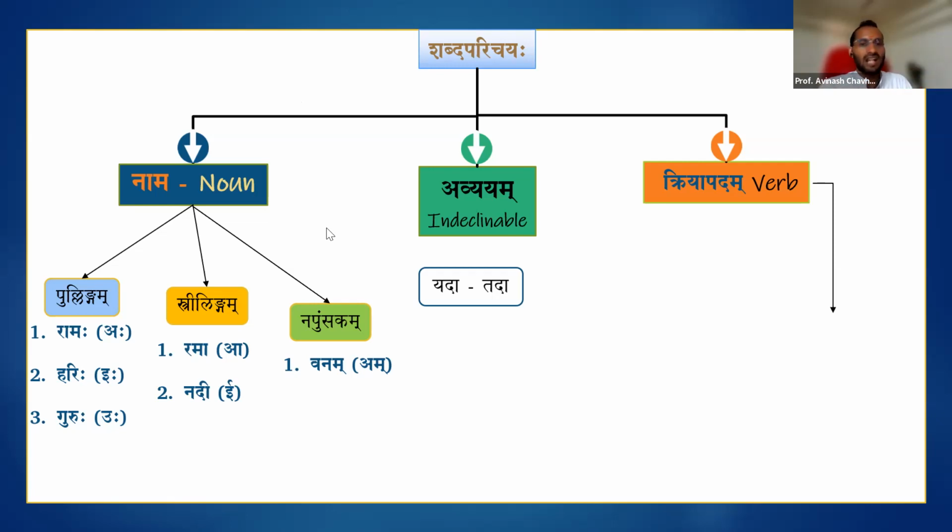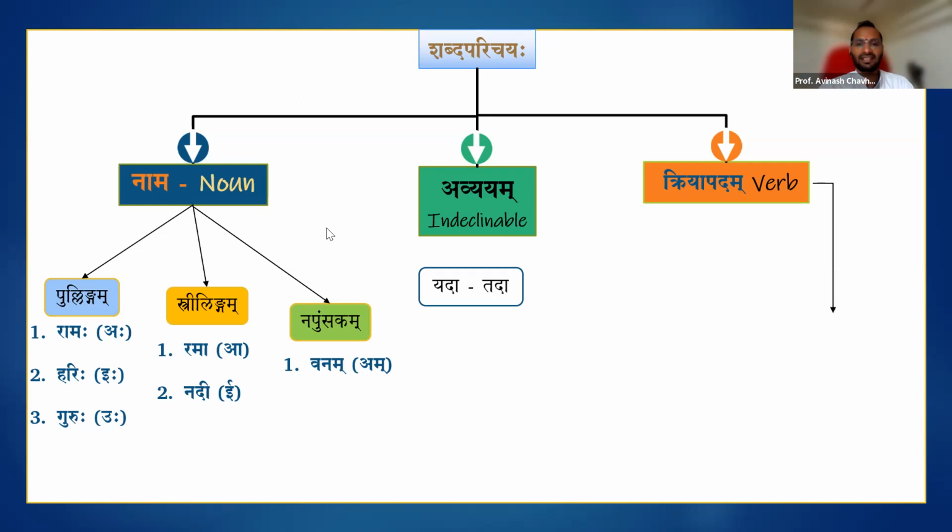You can decline the word Rama, but the word yada cannot be declined. That's why this is called avyaya. There will be some words like yadi, tarhi, kada, tatra, atra. These kinds of words are known as avyaya.